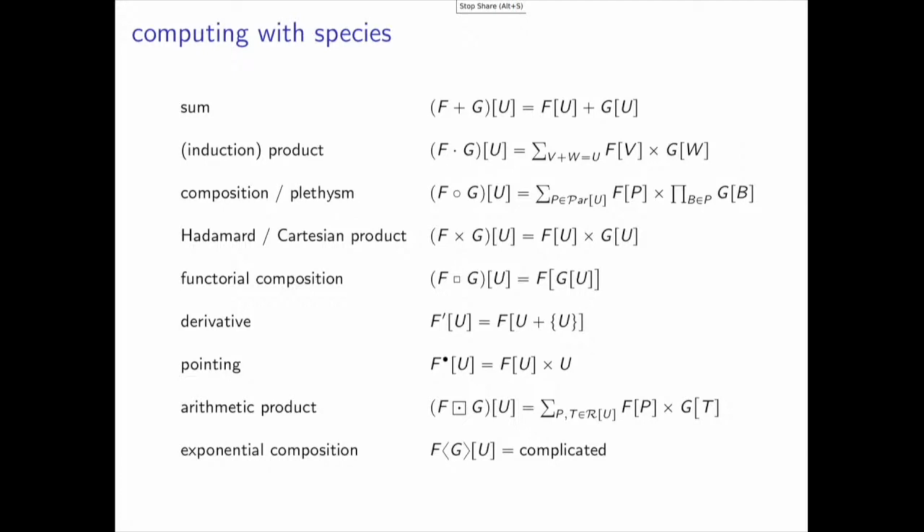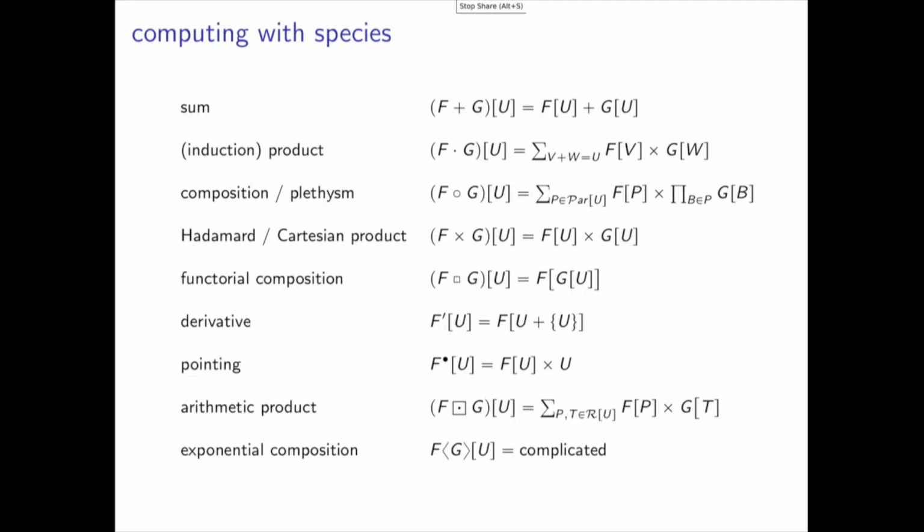You should think of them as all distinct, and then you partition them somehow into a set V and a set W, and the whole set is U. Here you put an F structure on them, and here you put a G structure on them.